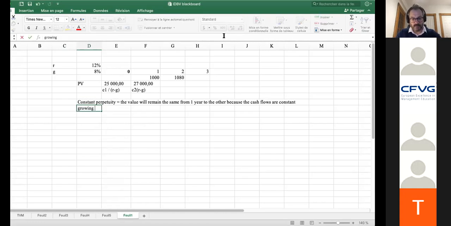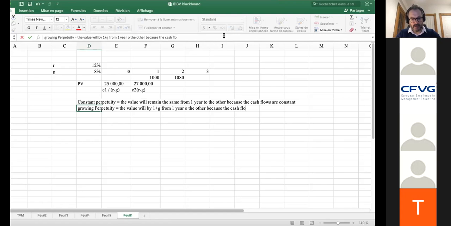Growing perpetuity, the value of the perpetuity will grow by 1 plus G from 1 year to the other. Because of course the cash flows are not constant from 1 year to the other.